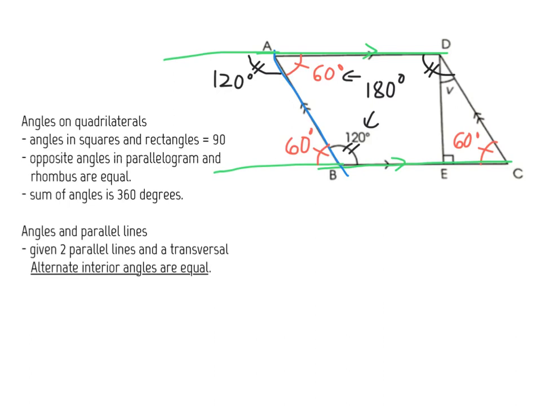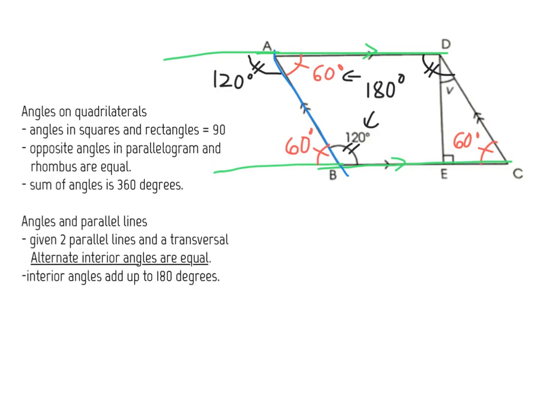So if interior angles inside two parallel lines are crossed by a transversal, they add up to 180. But if it's alternate and they're inside, they're of equal measure. And those are the different patterns and properties that we can see in angles when you have parallel lines.